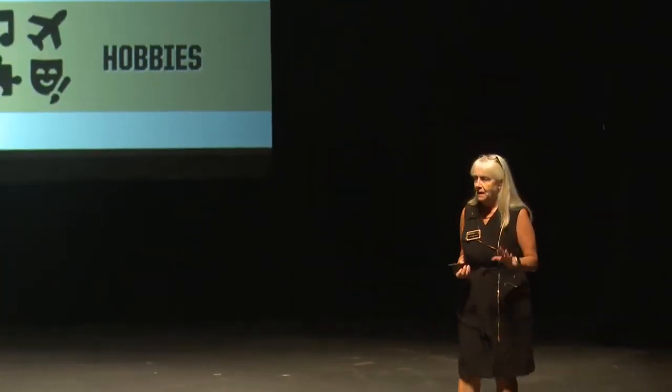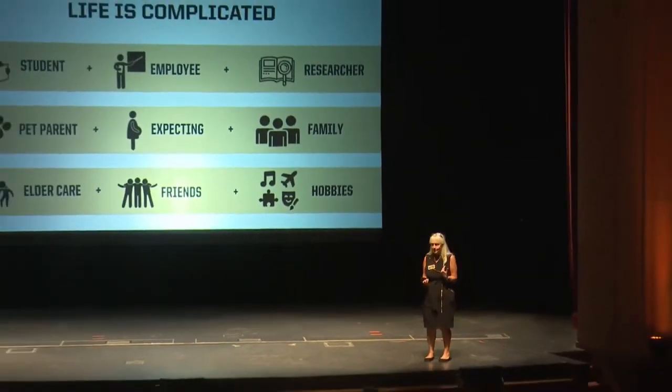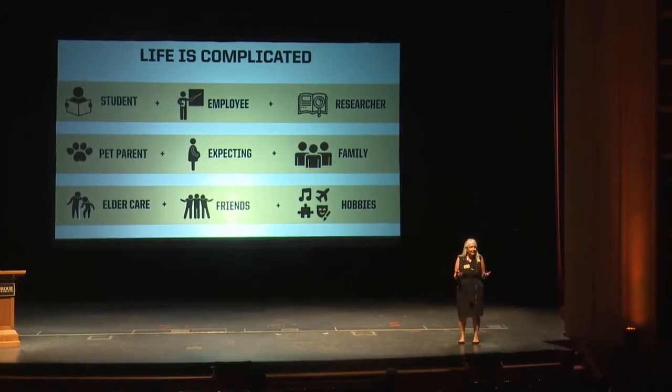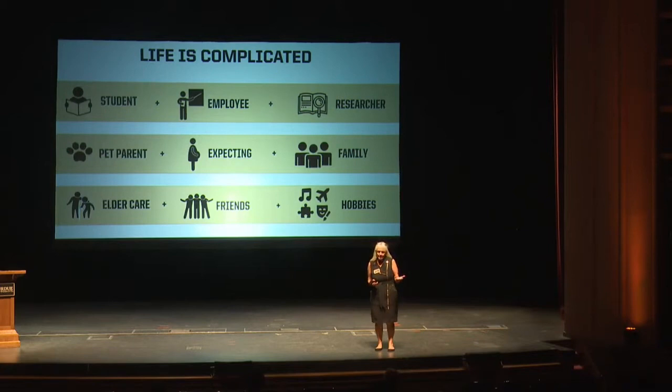So I get that life is very complicated, and we are all, as individuals, really complicated people. You have lots of different identities. And in grad school, you're adding another identity, especially if you're a grad student employee: what does it mean to be an employee of the institution?